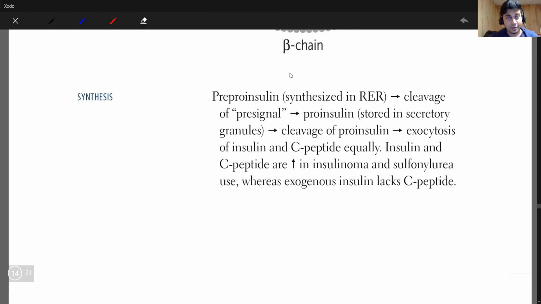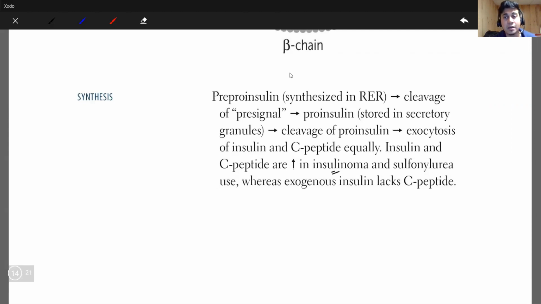Now, if there is some pathology where we get an increase in insulin synthesis, like a pathology where the beta cell increases in size and produces a huge amount of insulin, we call it insulinoma. Now, in case of insulinoma, you'll get the insulin, that means the proinsulin, the active form of the insulin, in the blood, because there is a huge amount of insulin getting generated.